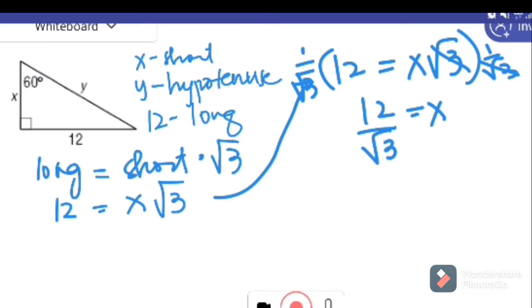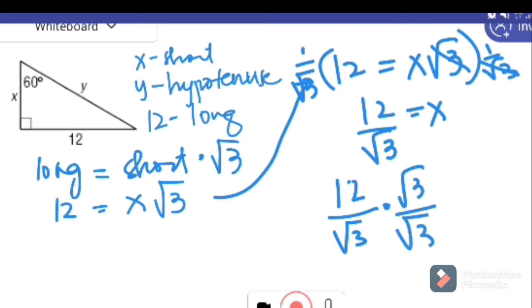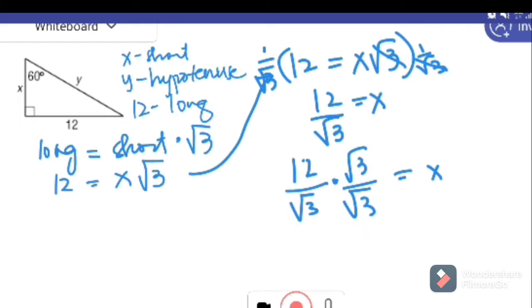So we need to rationalize. So 12 over the square root of 3 times the square root of 3 over the square root of 3, that's equal to 1, is equal to x. Now we have 12 square root of 3 over the square root of 9.